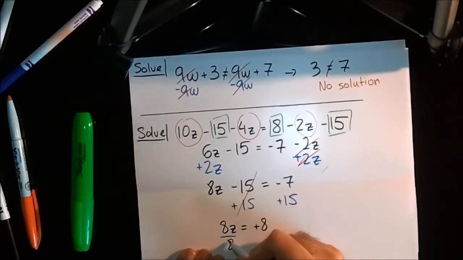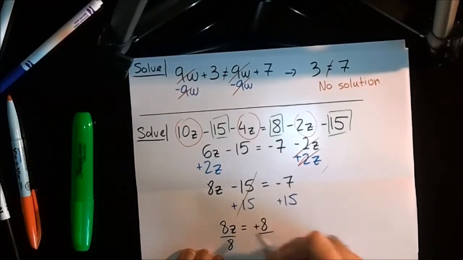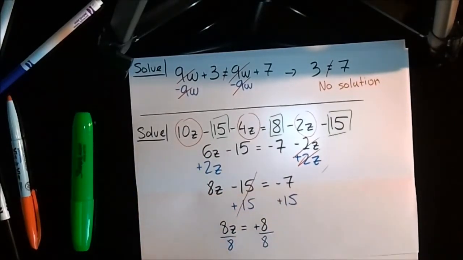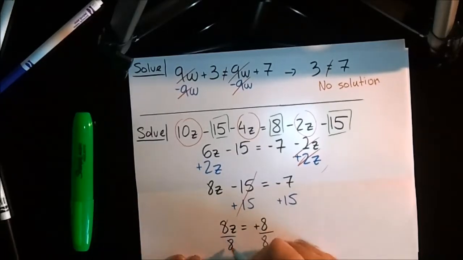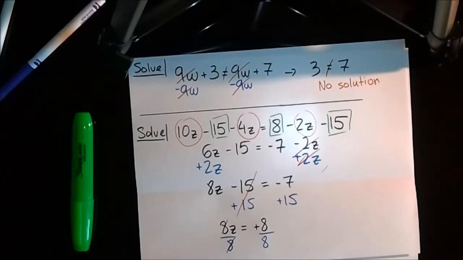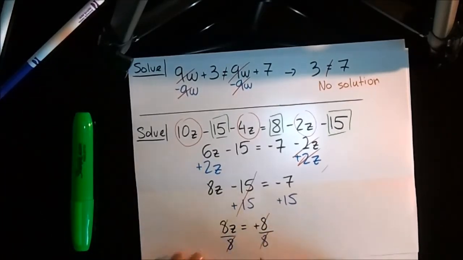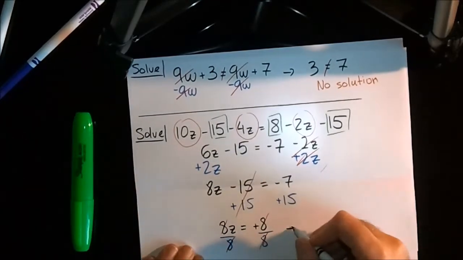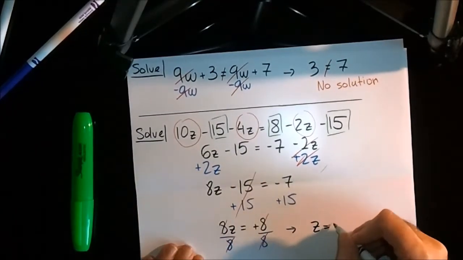Divide both sides by 8 to get rid of this one here because it's being multiplied. The opposite is division. This simplifies to 1. 1 times z is z. We don't have to write that. And this also simplifies to 1. So I get z equals 1.